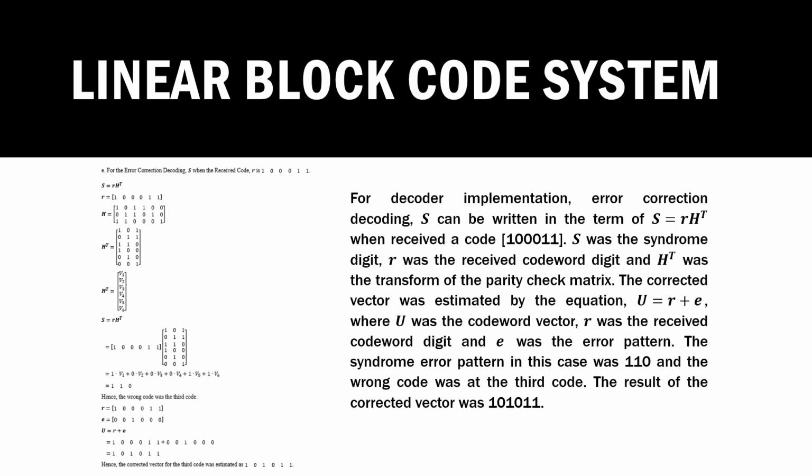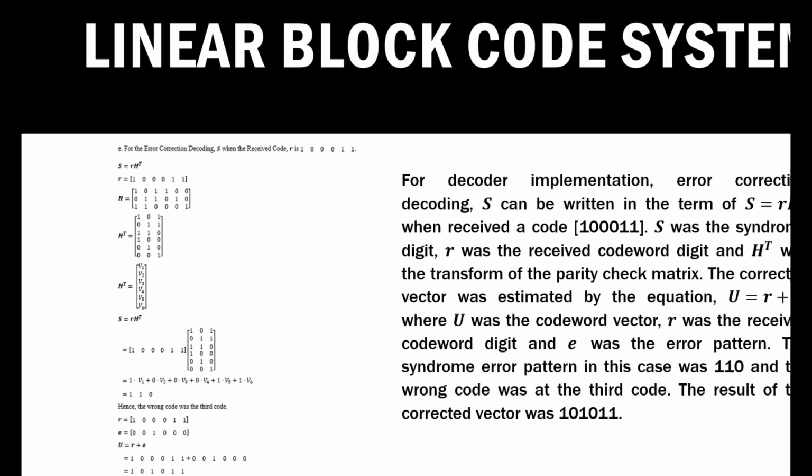For the error correction decoding, the syndrome is defined as S, and the received code is defined as R, which is 100011. The equation is S equals R multiplied by H transpose, where S represents the syndrome digits, while H transpose represents the transpose of the parity check matrix obtained previously. The way to get H transpose is similar to that of P transpose.